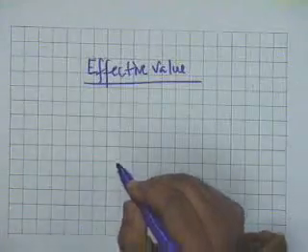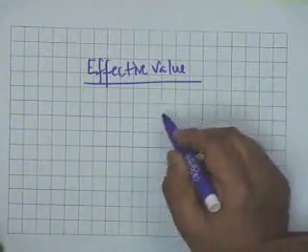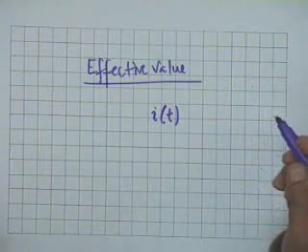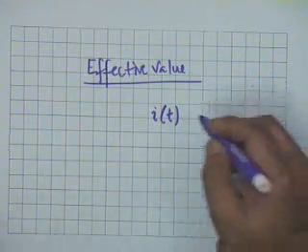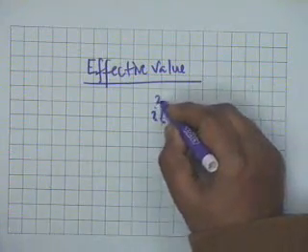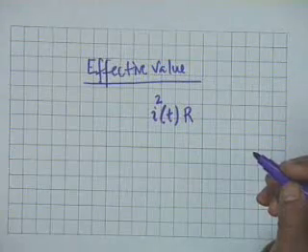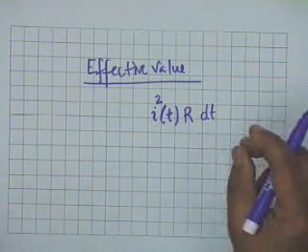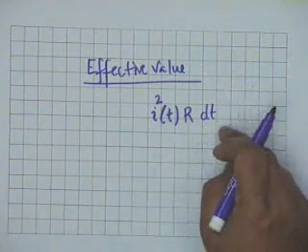Another parameter for a periodic waveform is the so-called effective value, and the effective value is defined like this. Suppose we have a current waveform i of t, which is periodic, and suppose this current passes through a resistance capital R. Then the instantaneous power dissipated in the resistor would be i squared times R, and over a small interval dt the energy dissipated would be i squared R dt.